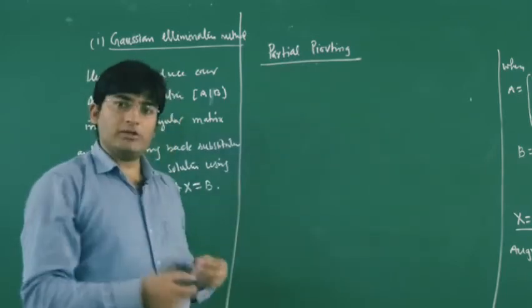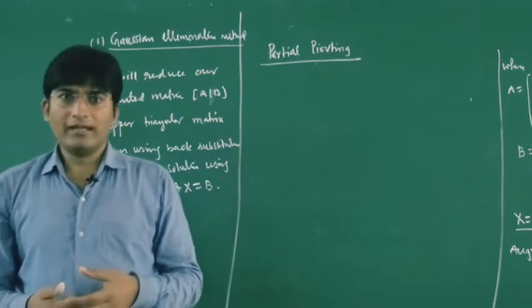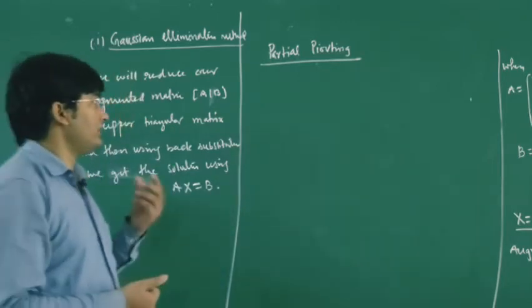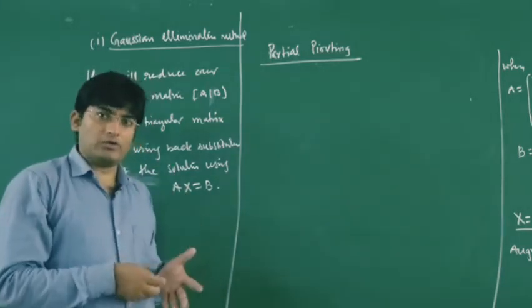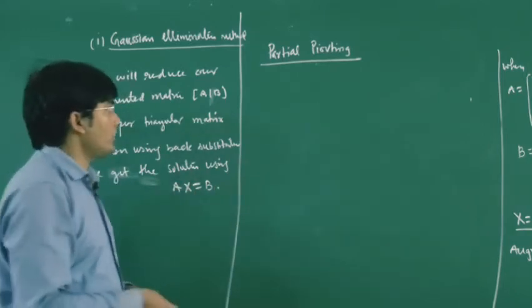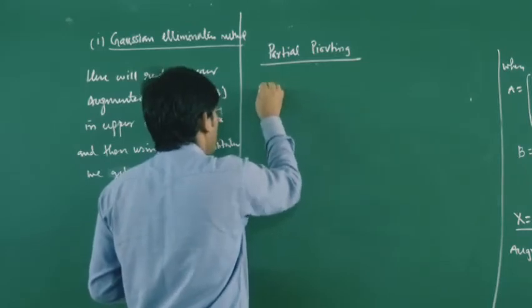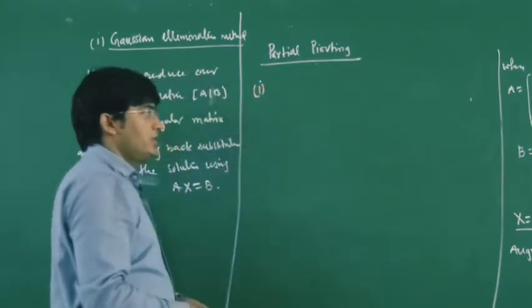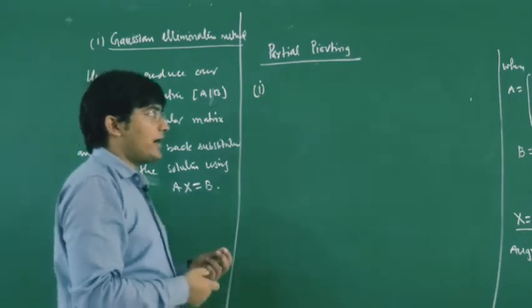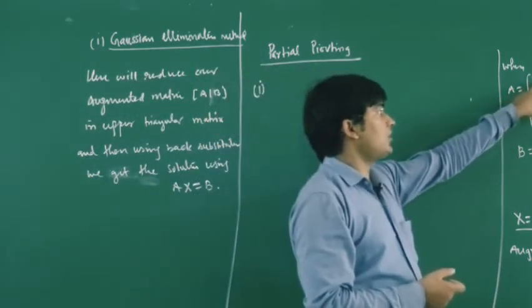Here I will solve a problem with the help of the partial pivoting and complete pivoting, and again I will solve the same problem without any pivoting. So in partial pivoting we will follow the following steps. First we will find the numerically largest value in a column.